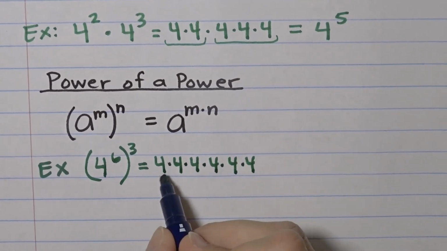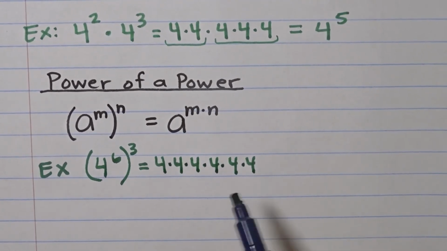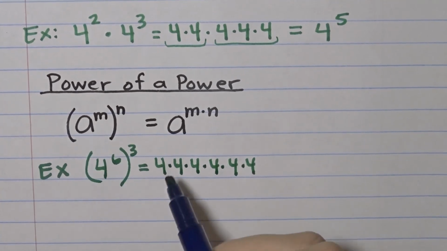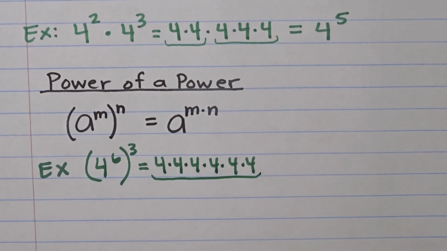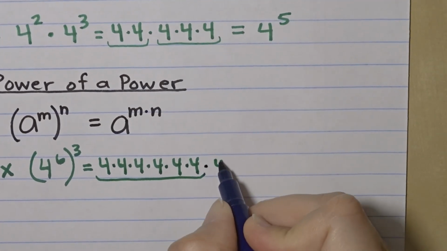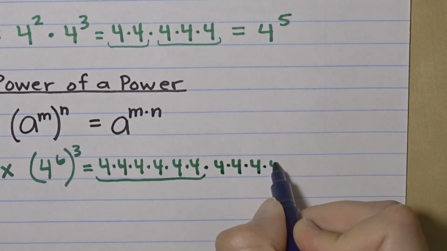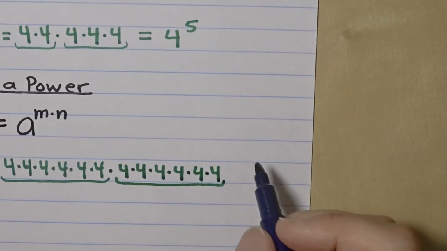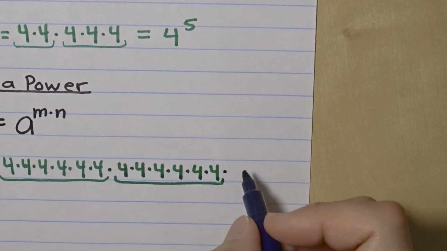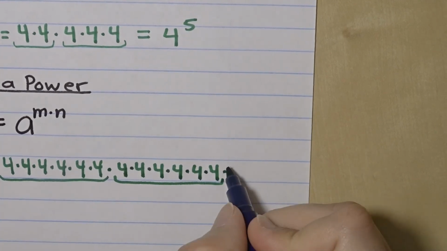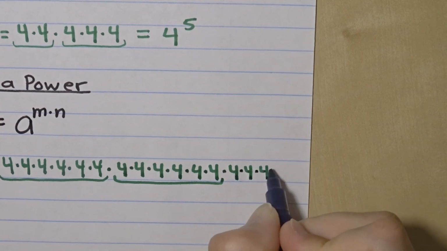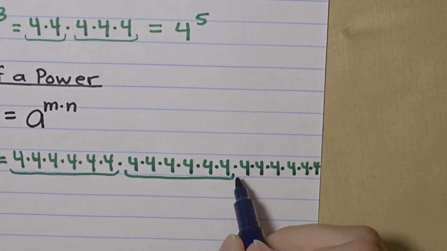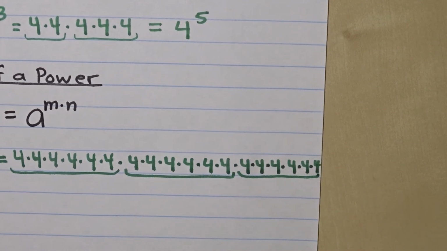Now, that's 4 to the 6th power. How many times is this happening? The power of 3 means to take this 3 times. So that's 1 time. Do it again. 1, 2, 3, 4, 5, 6. That's the second time. And then I'm going to do it one more, 4 to the 6th a third time. 1, 2, 3, 4, 5, 6. Barely fit it on there. And that's the third time.